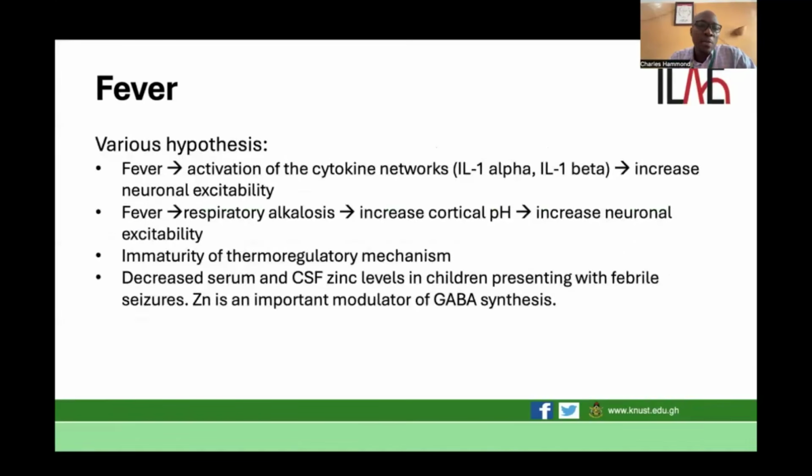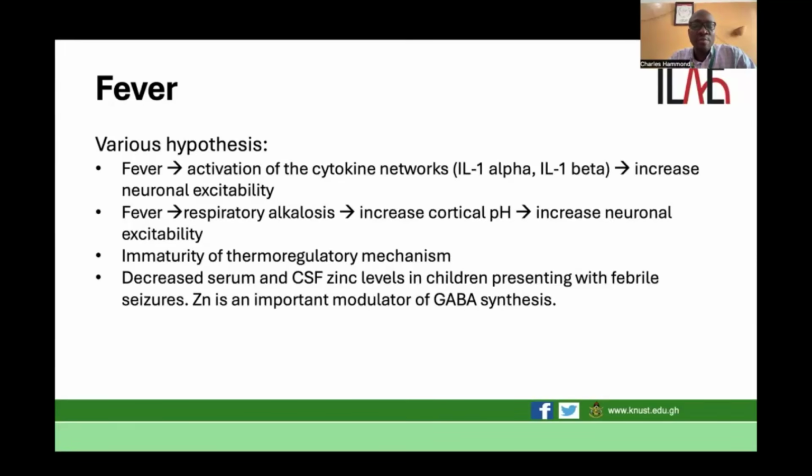So the fever, we know, activates the cytokine networks, leading to the production or increased circulation of interleukin-1 alpha and 1 beta, and this will ultimately lead to increased neuronal excitability.